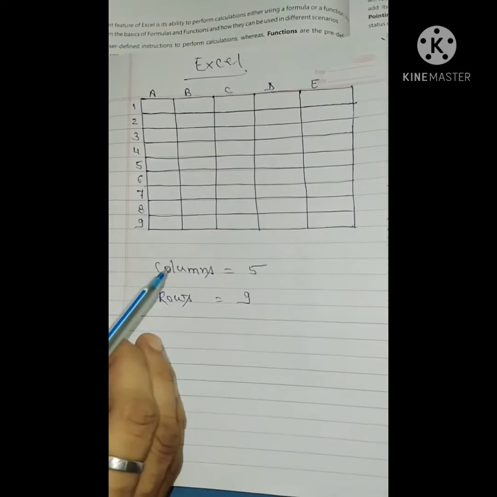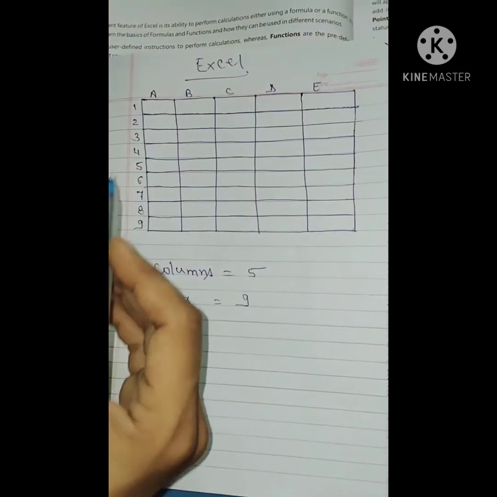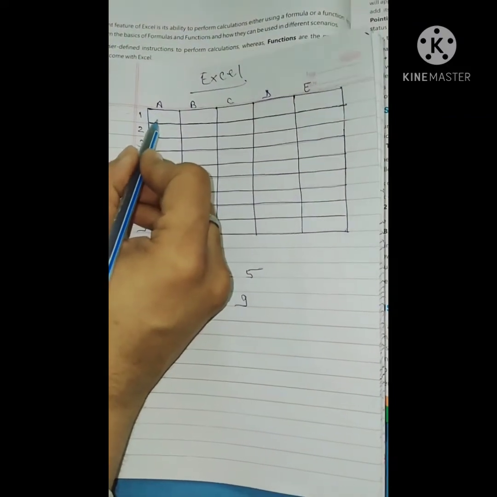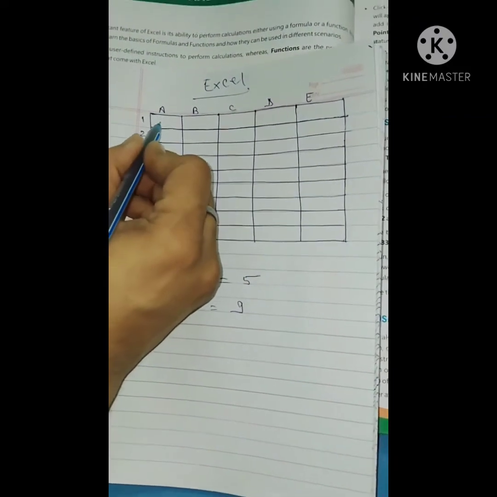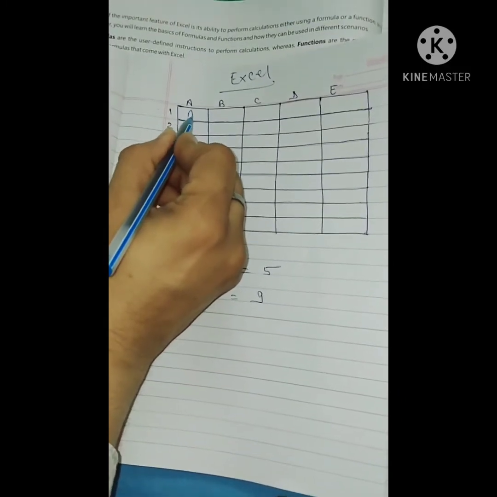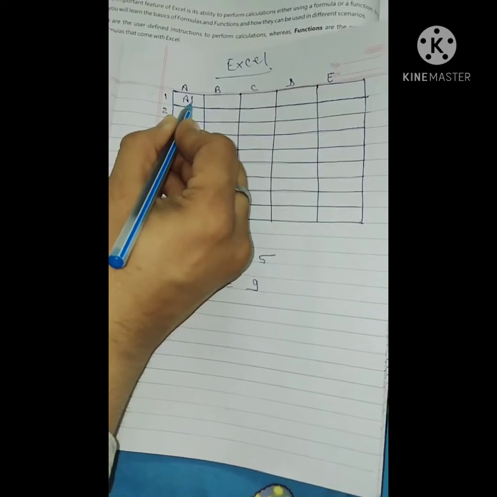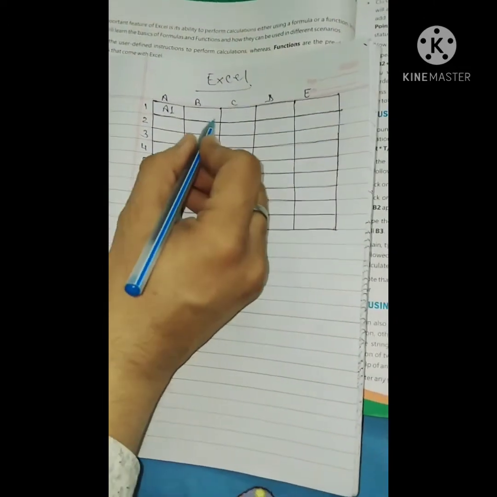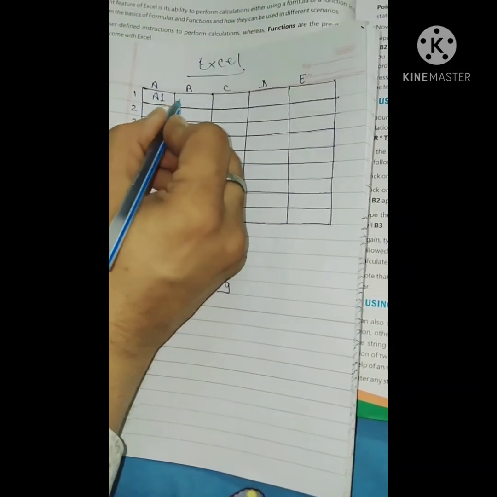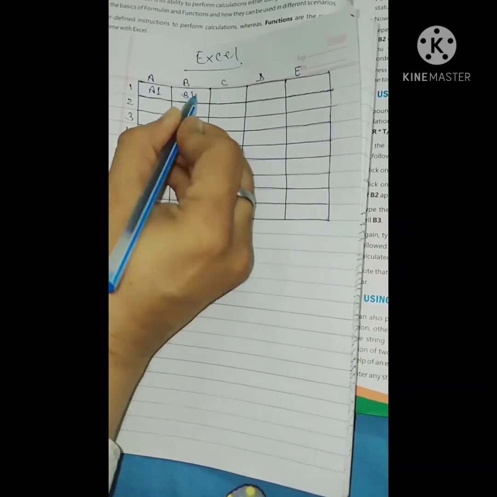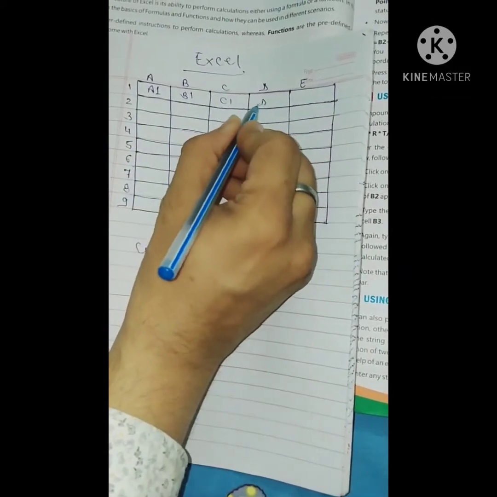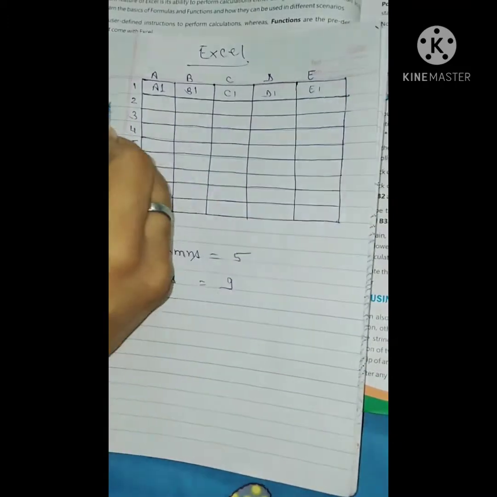And how can we understand the name of a cell? The first cell name is column A and row 1. So what is the name of this? A1. Is it clear? Same, this cell name is, students, B1. This cell name is C1. These are D1, E1 and so on.